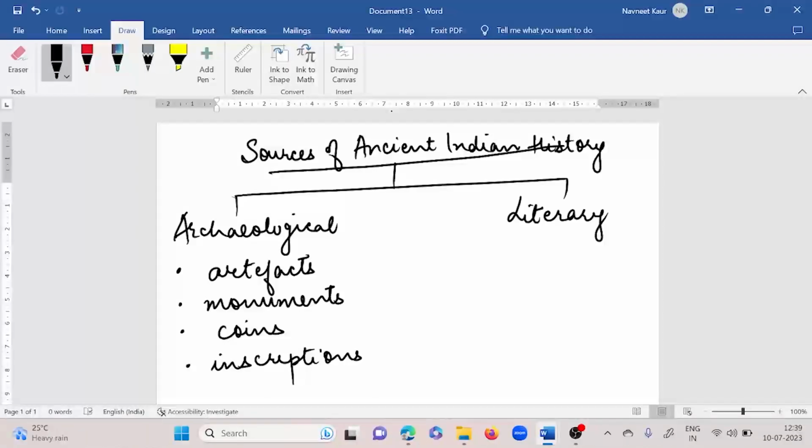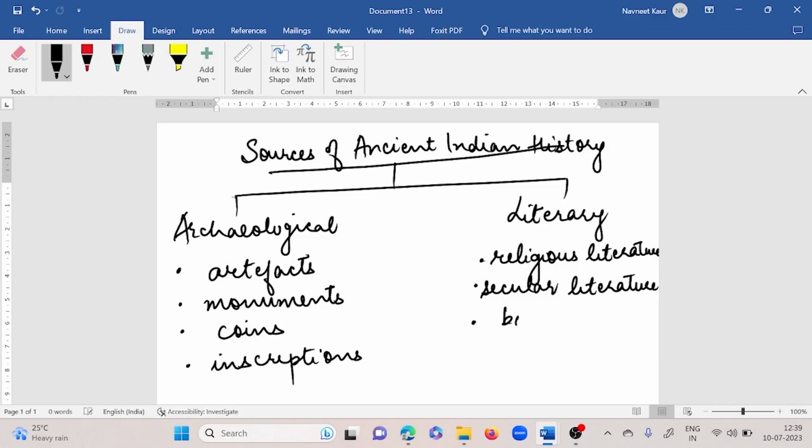The literary sources will comprise religious literature, secular literature, biographies, travelers' account, and chronicles.